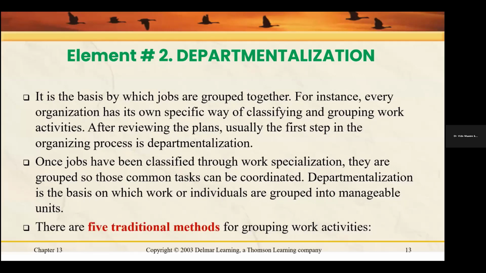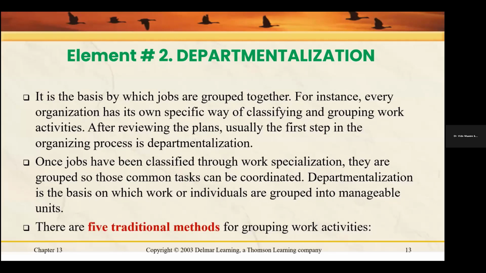So we also group into departments or units. We have the OPDs, we have intensive care, we have theater nurses and all those. So after specialization, we need to also place you into various departments. That is why we also have the line and the staff departments as well.